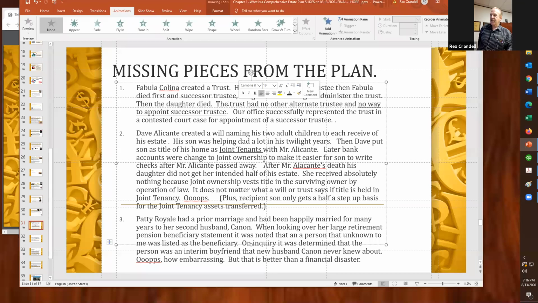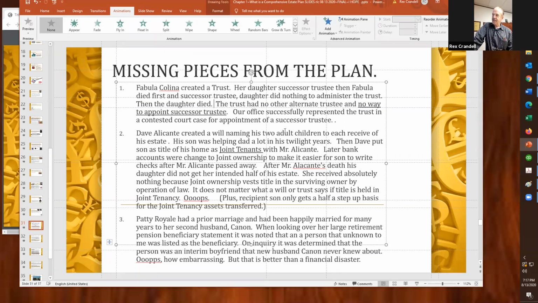We had several other failures. One is we had a client with a trust. She named her daughter as a successor trustee. And when mom died, the daughter was alive. Several years later, the daughter had done absolutely nothing for the estate, and the daughter dies.